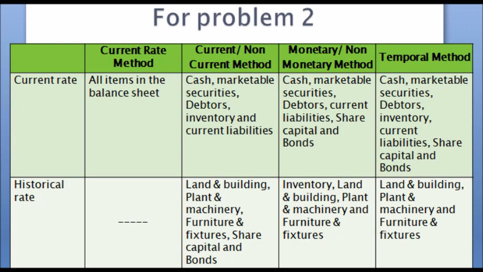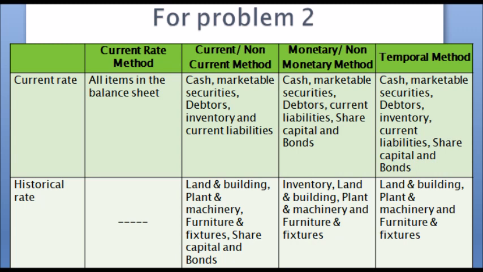In case of current non-current method, the current items will be current assets and liabilities, that is cash, marketable securities, debtors, inventory and current liabilities. The non-current items will be fixed assets and long-term liabilities, that is land and building, plant and machinery, furniture and fixtures, share capital and bonds.